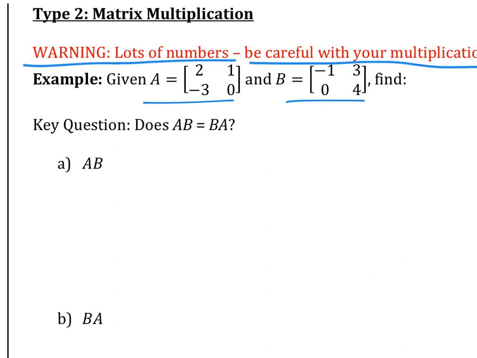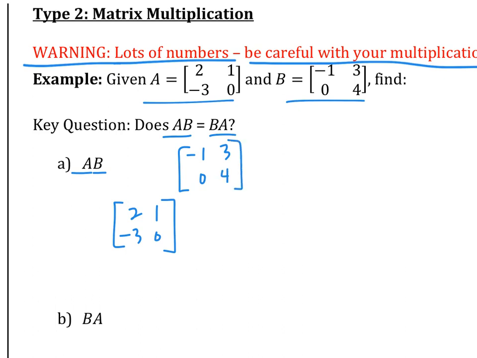So we want to answer the question, does A times B equal B times A? So let's try it. So hopefully you watched the video and you remember how to multiply matrices. So A times B means the A matrix is on the bottom here, 2, 1, -3, 0. B matrix is up here, -1, 3, 0, 4.